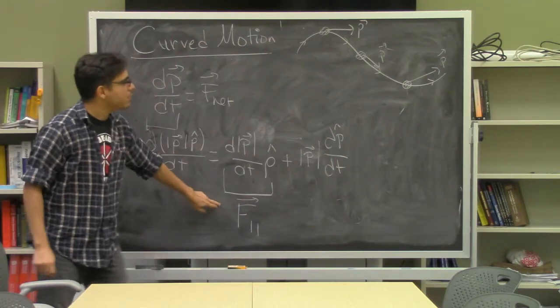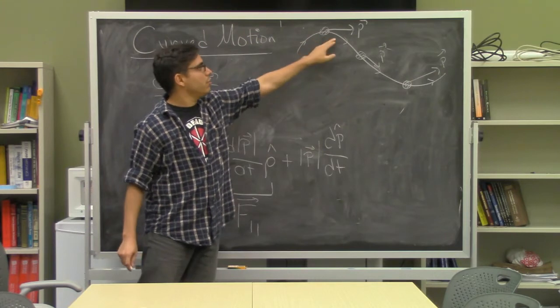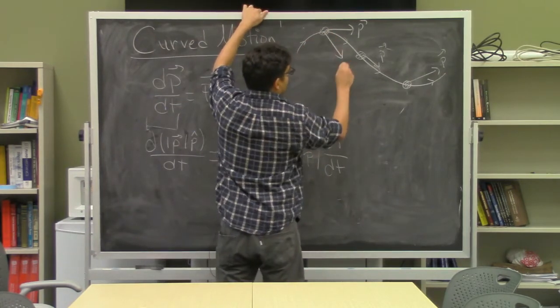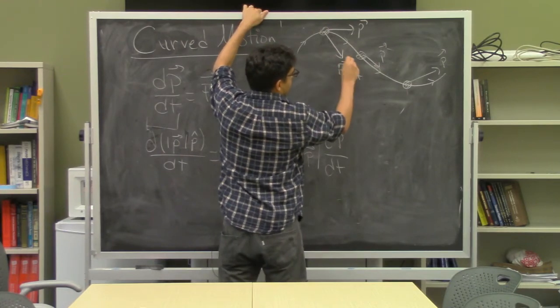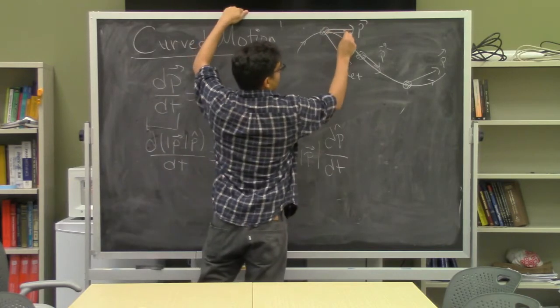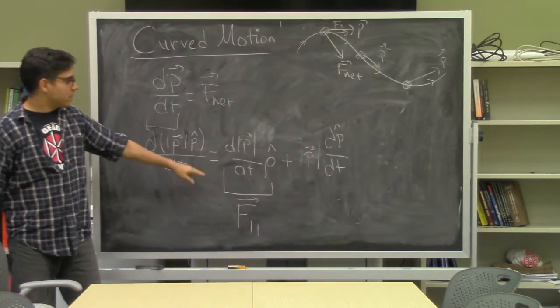By parallel, I mean parallel to the momentum vector. So as this object is moving through this curve here, perhaps it's speeding up, and there's a net force that points like this. That'd be this net force. And there's a component of that net force which is parallel to the momentum vector.